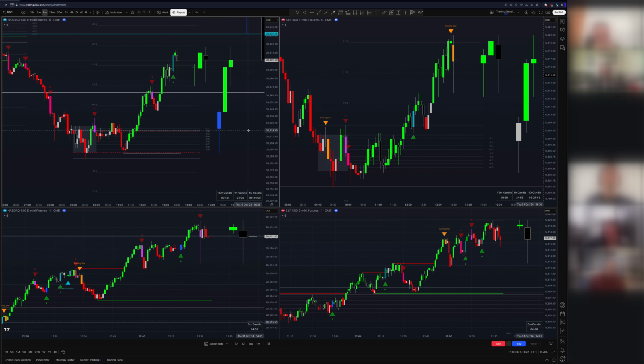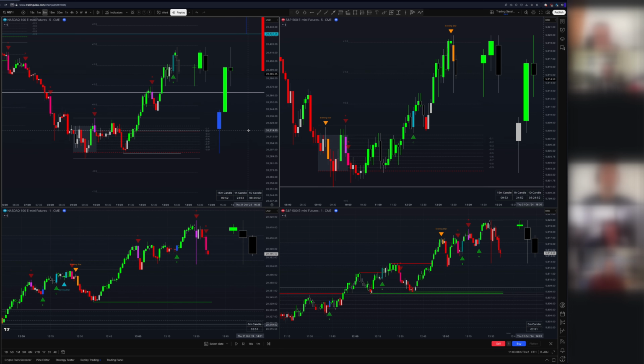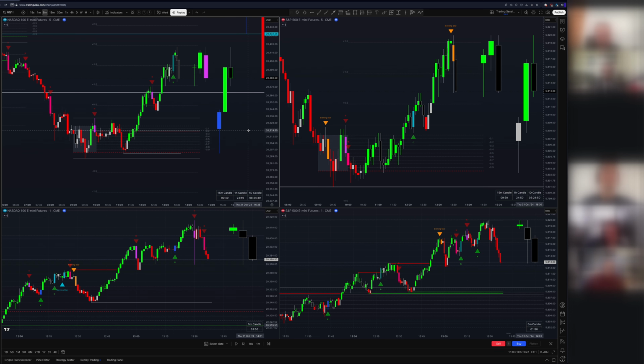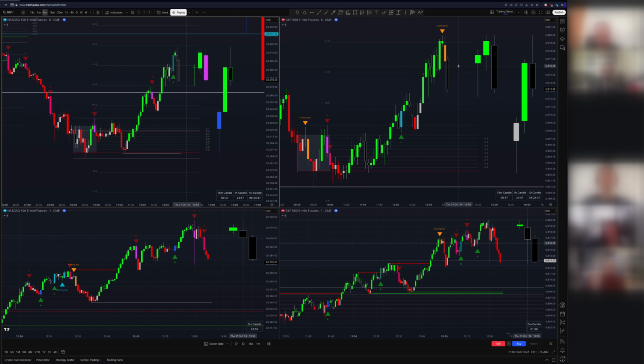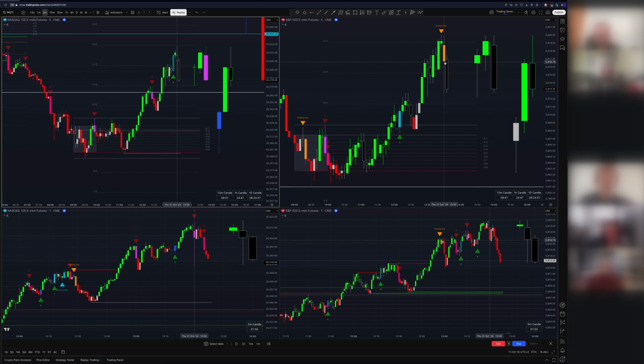There's some extra rules in it. Okay. The secret sauce. Yes, there's some secret sauce in it too, where the probability is higher that the price will follow to the downside after this one.